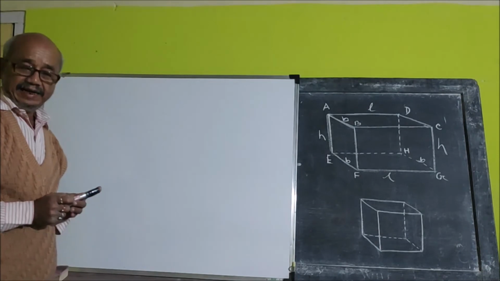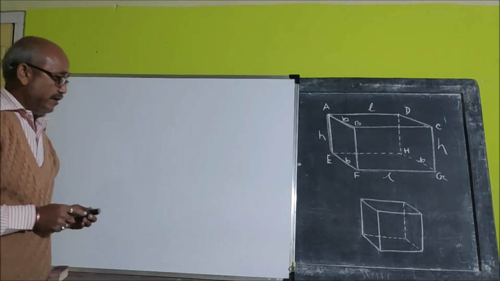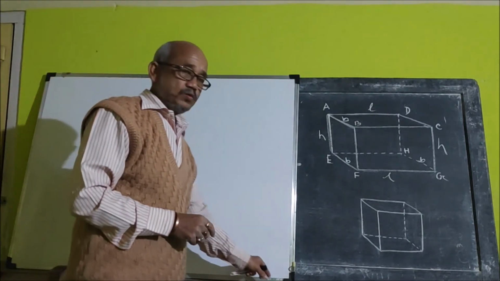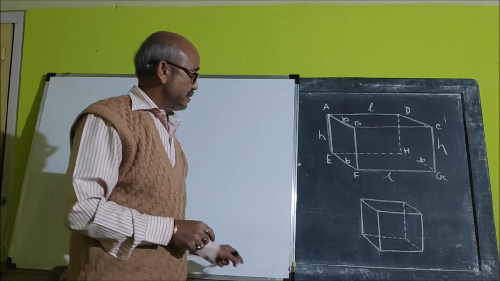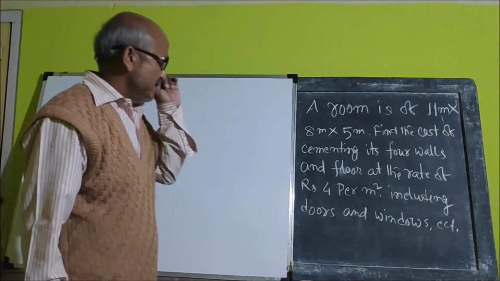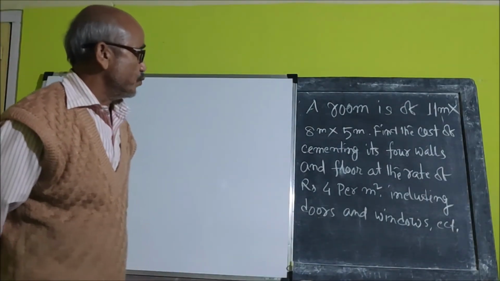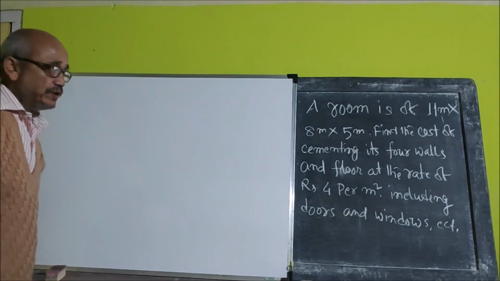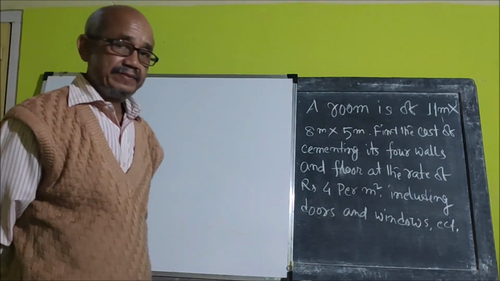Thus, we can explain. Now we will do one or two problems. The question is like this: a room is 11 meter into 8 meter into 5 meter.